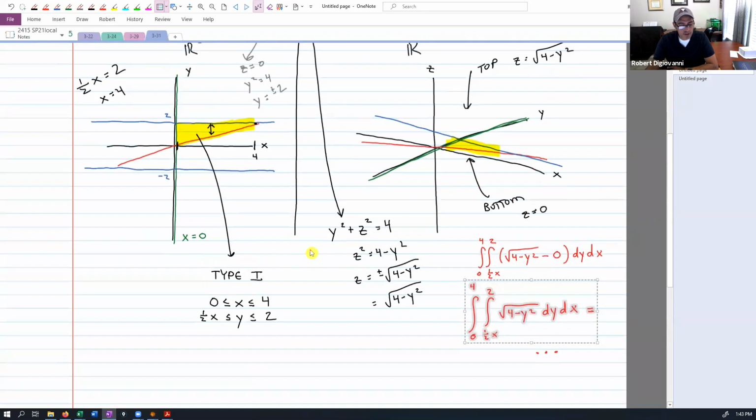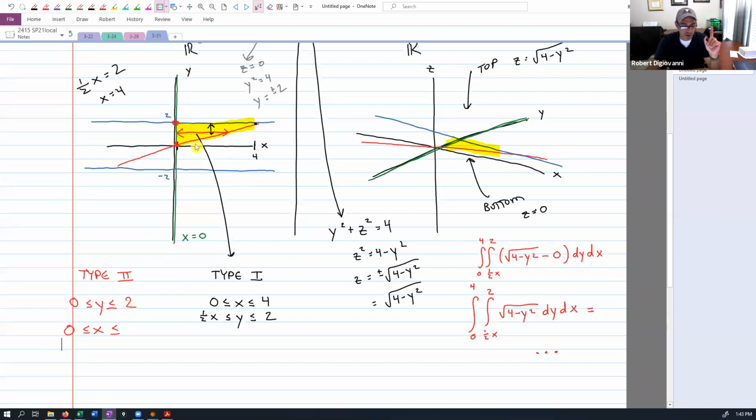If we were to have done this as a type 2 instead, how would that have helped? Well, now restrictions are on y. Y is between two constants. What would they be? I'm looking from here to here, right? Y would be between 0 and 2. What about our x's? Our x's are stuck between the left side here, which is 0, and the right side, which is this red graph, but solved for x, not for y.